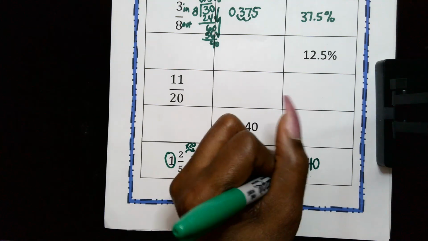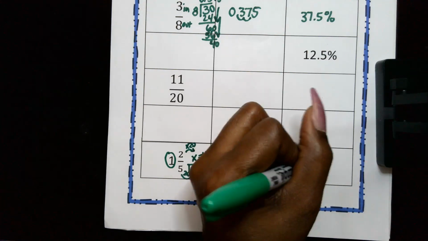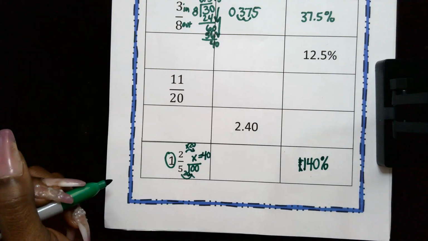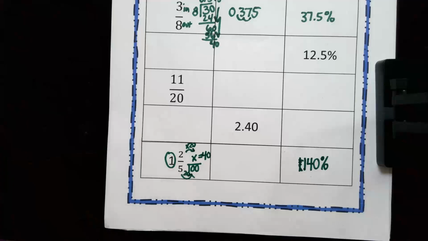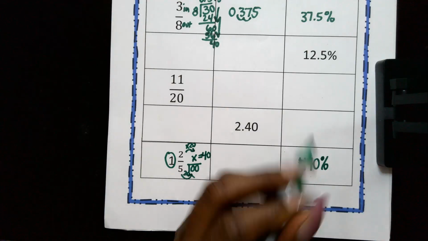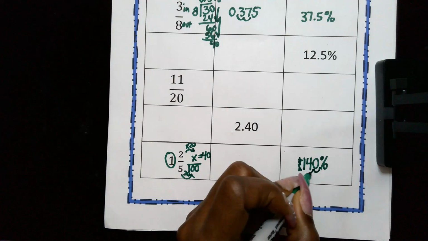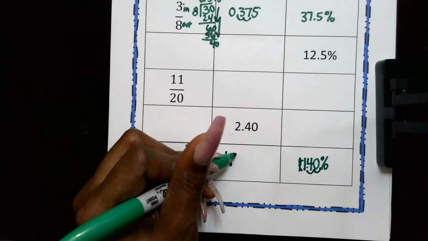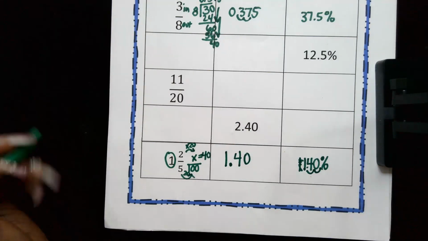that should be 140%. To turn my 140% into a decimal, 1, 2 as my decimal.